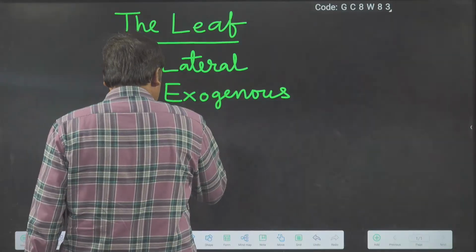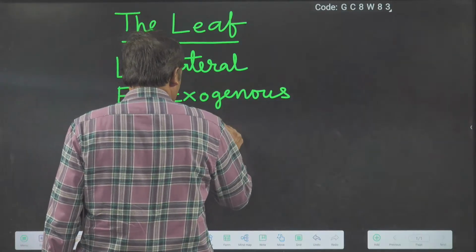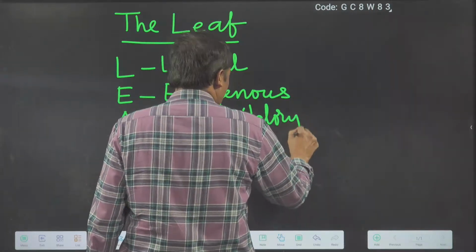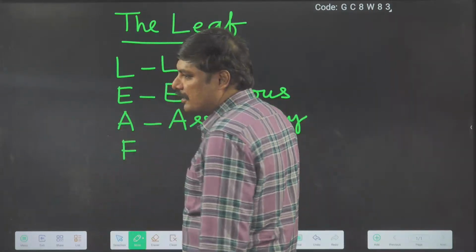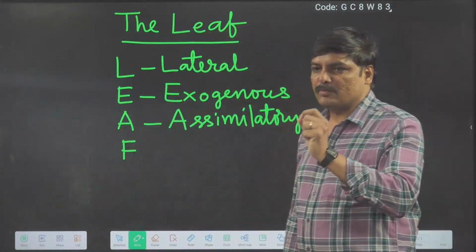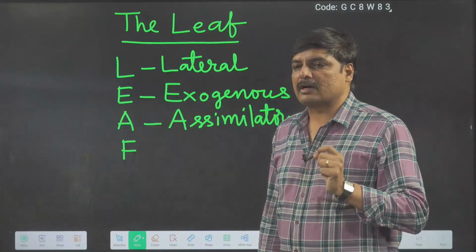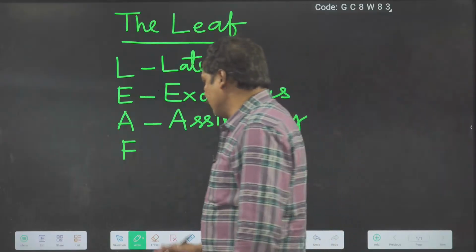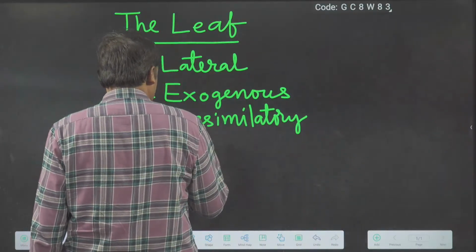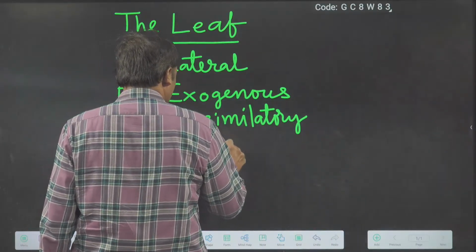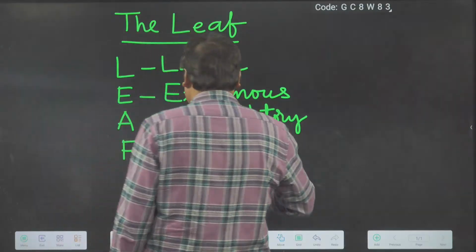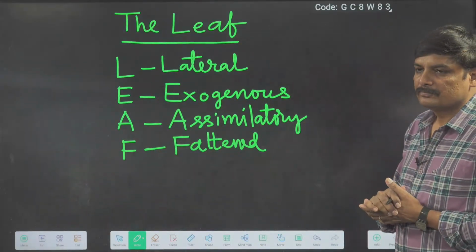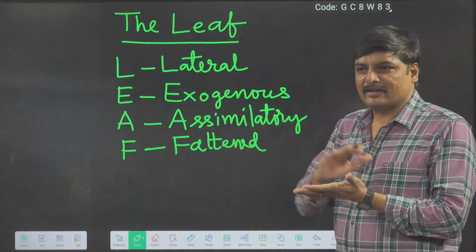A for assimilatory. Assimilatory means photosynthetic. These are the major photosynthetic organs of the plant body. F for flattened. These are flattened structures.